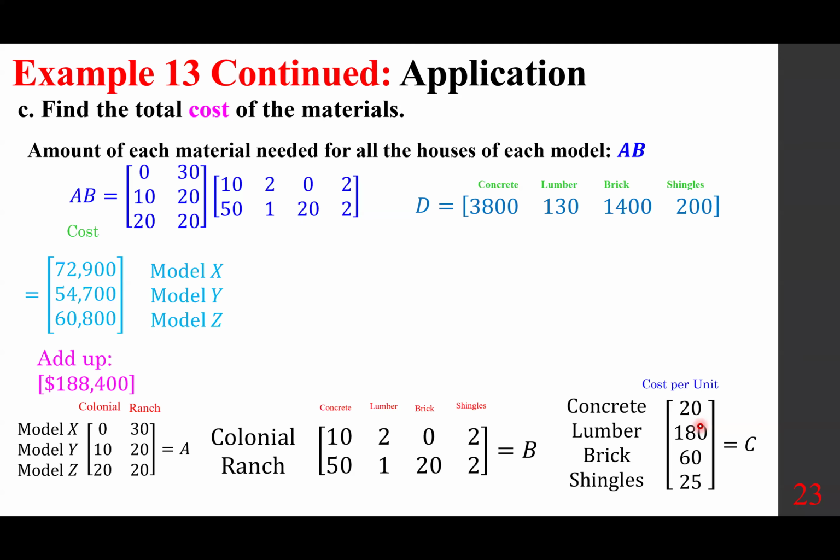Or add them up. If we add them up, this is the fastest way. We already have this cost. This was the cost for model X, cost for model Y, cost for model Z. Just add them up, you're done. But if you didn't have that, D times C will do the job.